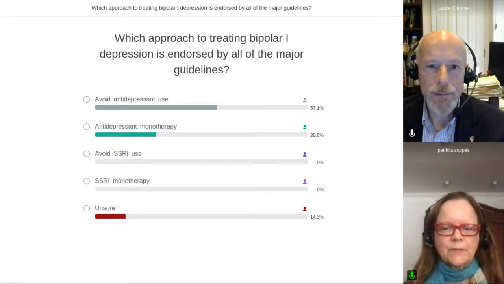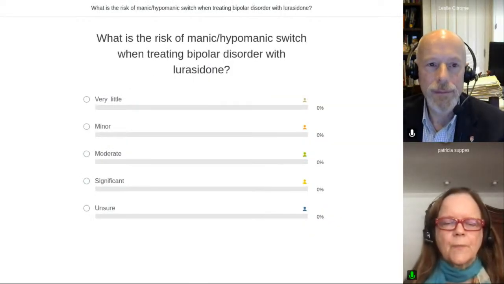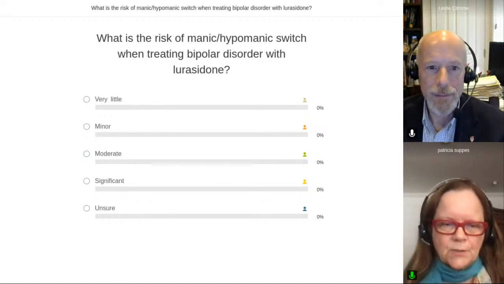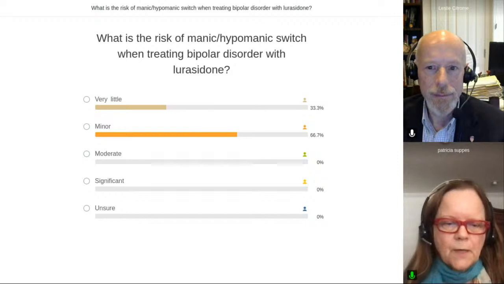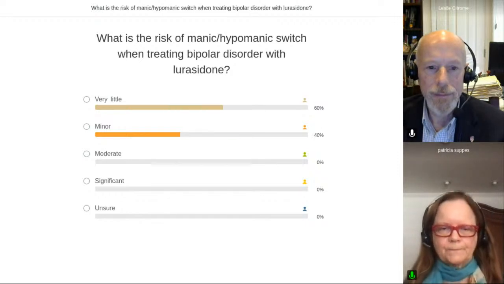Let's go on to the next now, please. What is the risk of manic or hypomanic switch when treating bipolar disorder with lurasidone? Very little, minor, moderate, significant, and unsure.